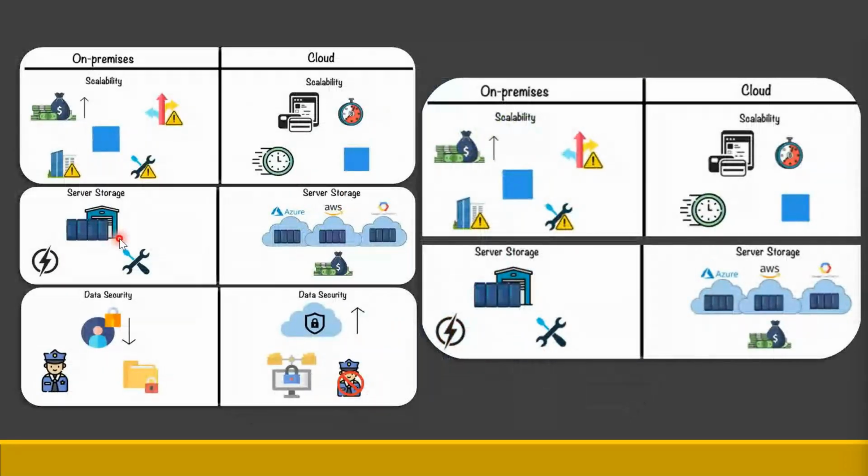Now let's see the difference between a cloud computing service and an on-premises service in terms of all the benefits that we discussed so far. Cloud services are scalable because we can use them as much as we want, and we can reduce the resources whenever we don't require them.